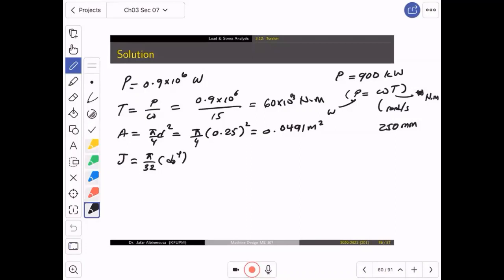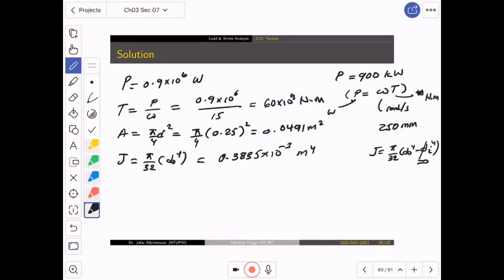Remember, there is no di, so di is 0, because I showed you earlier J for a hollow section, which is pi over 32 d0 to the power 4 minus di to the power 4. That's what I did. So in here, this one is equal to 0. So from this, you will get 0.3835 multiplied by 10 to the power minus 3 meter to the power 4.